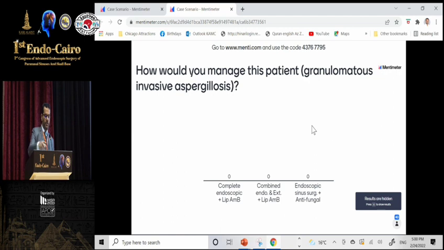The second is combined endoscopic and external to make a complete resection possible, or endoscopic sinonasal just for the sinonasal part, because you don't find it practical to attack the intracranial portion. So how many? Let's see the results.